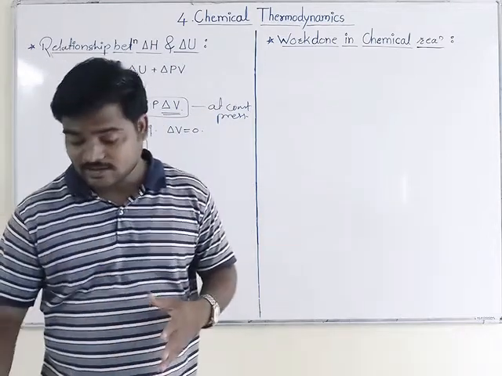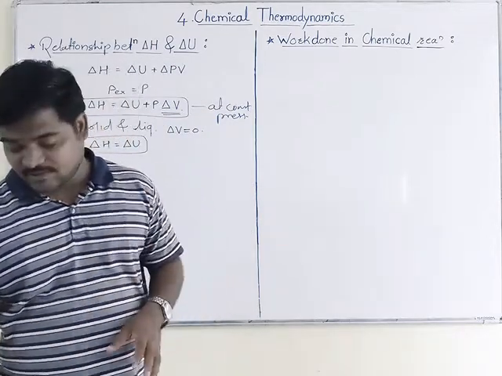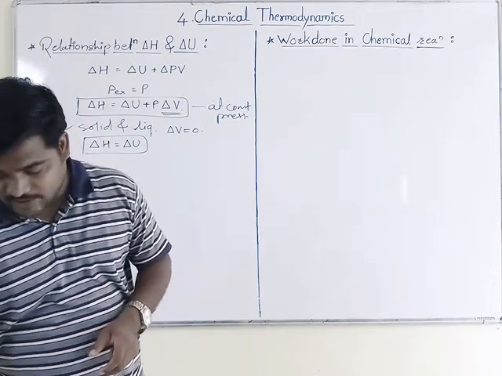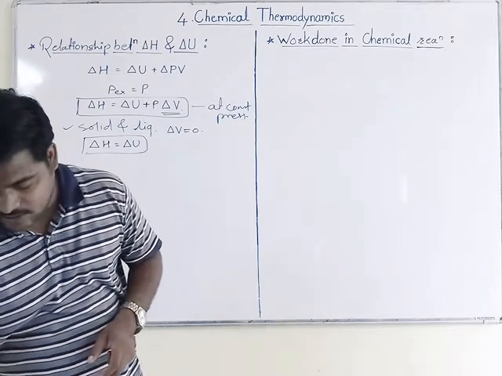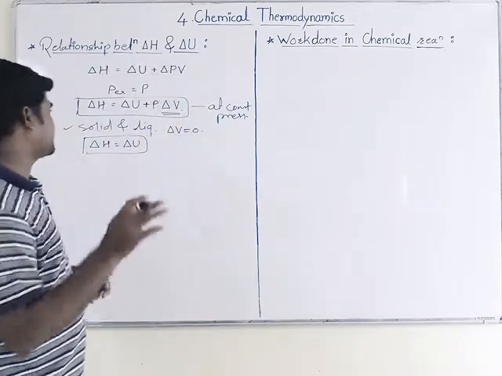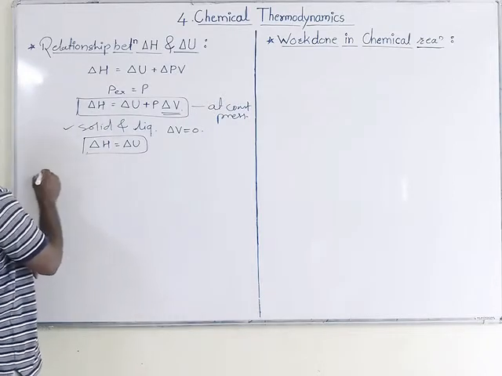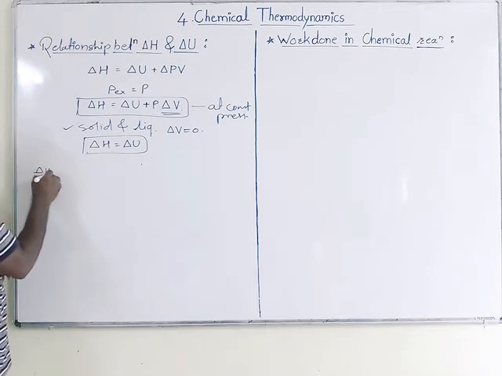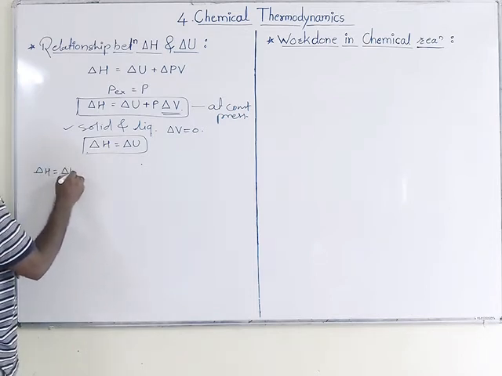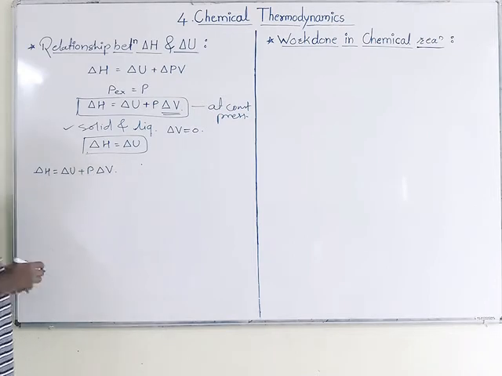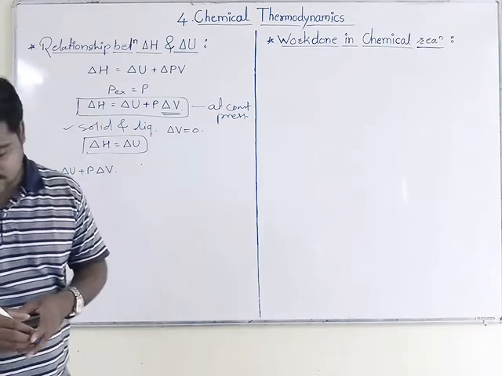We cannot neglect that term. So for reactions involving a change in volume, which cannot be neglected, we will take the equation delta H is equal to delta U plus P delta V. This is a very important equation in that case.